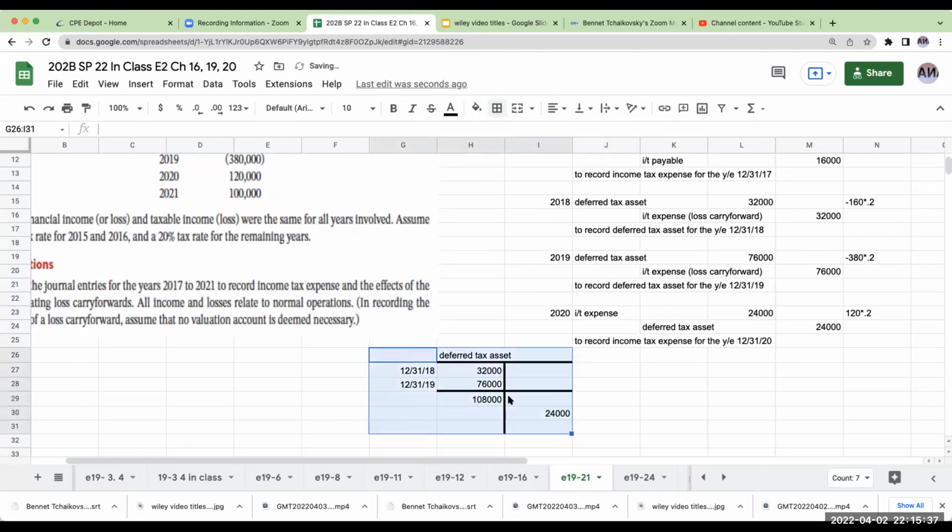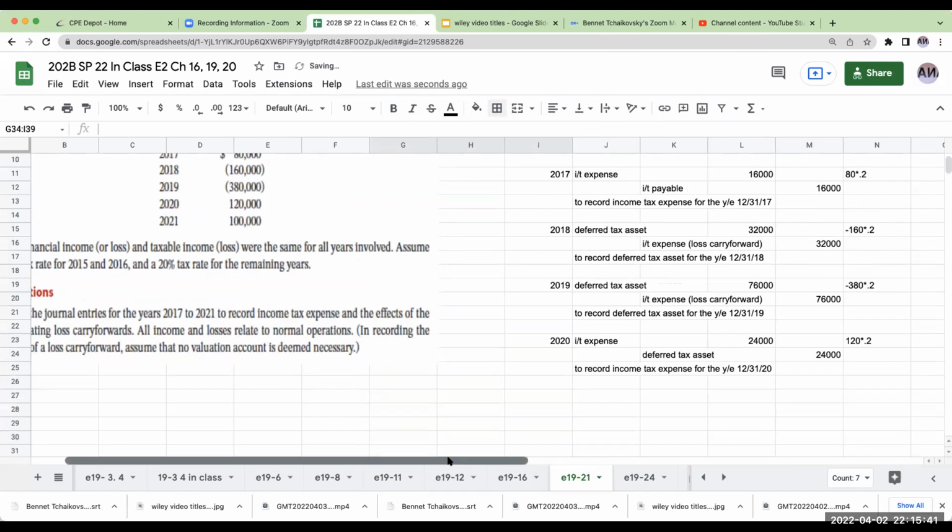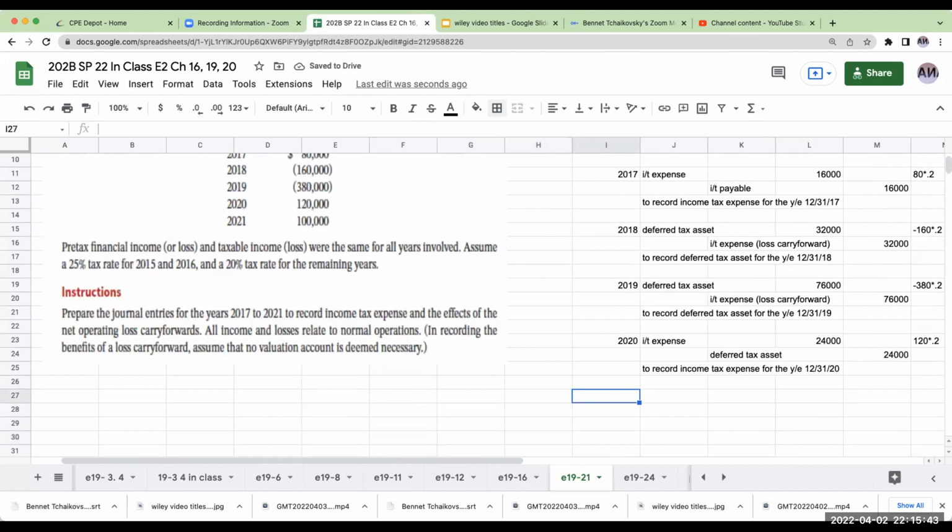All right, so let's bring this down a bit. For 2021, I'm going to have income tax expense, and this is going to be 100,000 times 0.2, or 20,000. I'm going to credit the deferred tax asset, because that's how I'm going to be utilizing my losses.